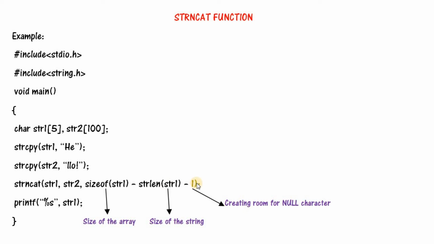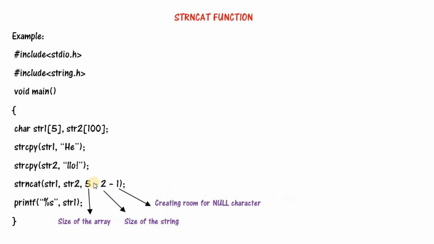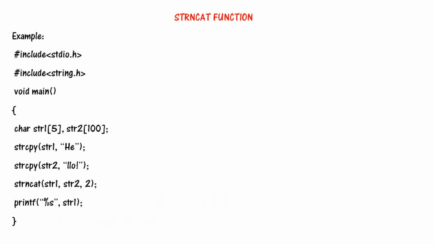And obviously there is one room which is preserved for the null character. That is why we are subtracting one. Therefore, finally, we are getting 5 minus 2 minus 1, which gives us 2.